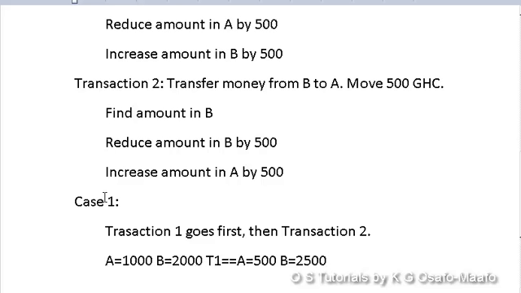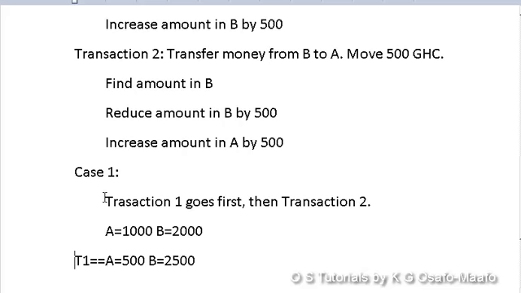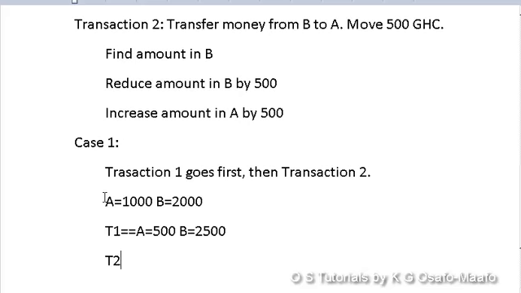And if transaction 2 follows, it would more or less reverse what had happened before. So it would just put back 1,000 there and 2,000 there, right?